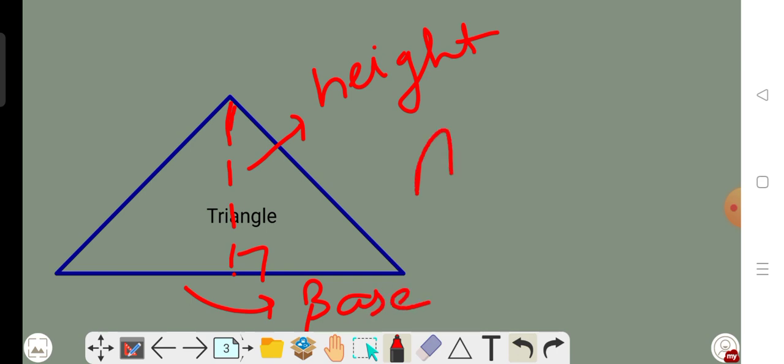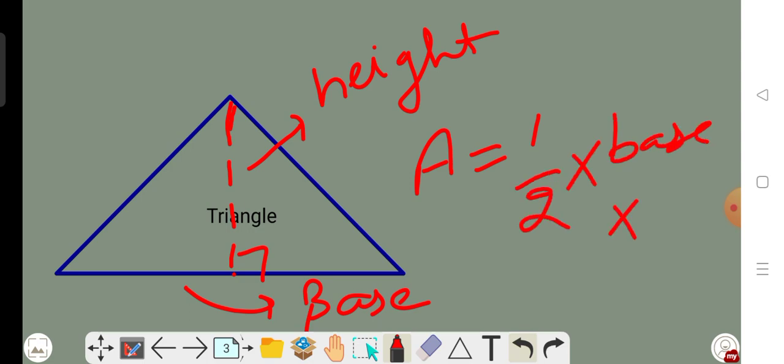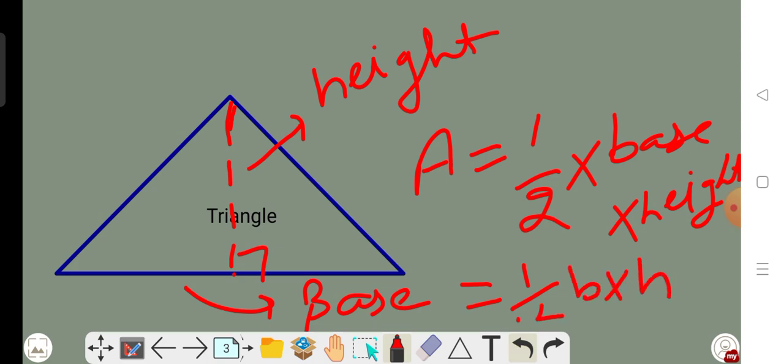The difference is only that the area of a triangle is half of the product of base and height. Okay. So the area of a triangle is 1 by 2 into base into height. B stands for base, H stands for height. So this is the formula for calculation of the area of a triangle. Okay.